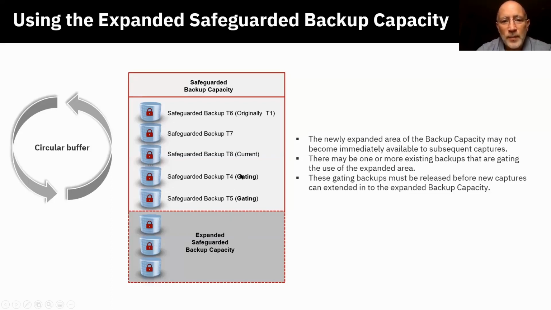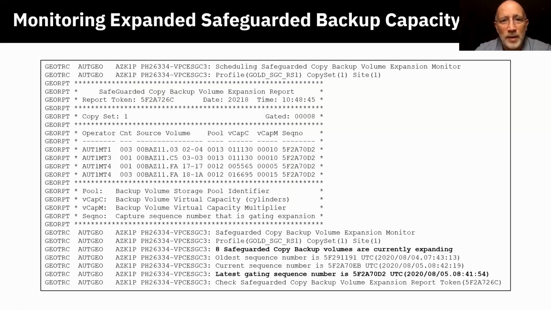So in GDPS, we have a monitor that looks at your backup volumes. If you do go through the dynamic expansion process, you will then get, on a monitor basis, any backups that are gating, because the expanded space has not effectively been opened until some of these gated backups have actually been released.